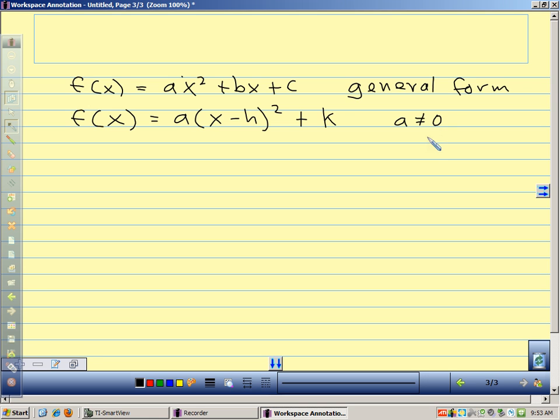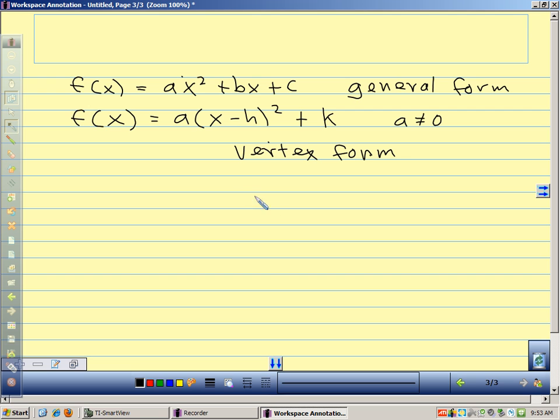Our book calls this the standard form. I've never heard it called standard form very often. I'm going to call this vertex form, and that's the more common name for this one. This is the vertex form for a quadratic function. And that's what we're interested in today, going from general form to vertex form, so we can figure out where the vertex of our parabola is.